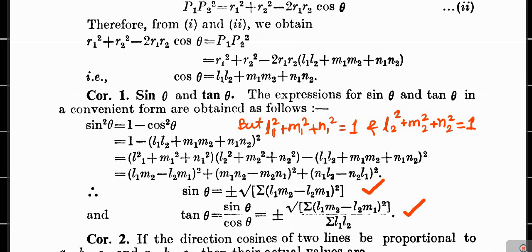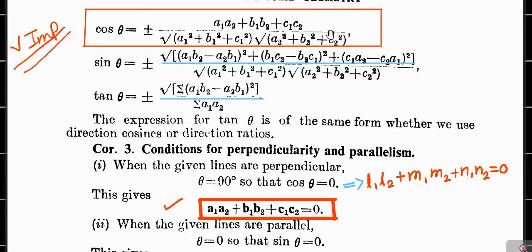Then after that we have also found the formula for the angle between two lines when A1, B1, C1 and A2, B2, C2 are the direction ratios of the lines. The cosine of the angle between them is given by cos theta equal to plus or minus (A1 A2 plus B1 B2 plus C1 C2) divided by square root of A1 square plus B1 square plus C1 square into square root of A2 square plus B2 square plus C2 square.